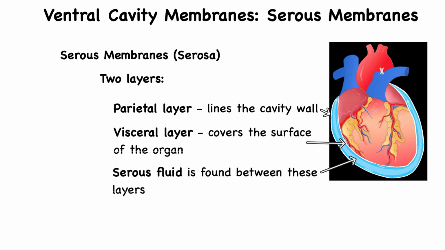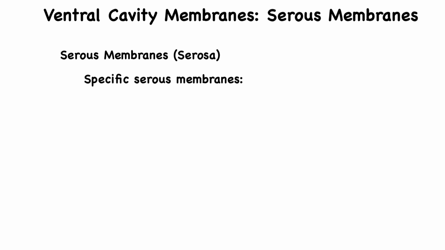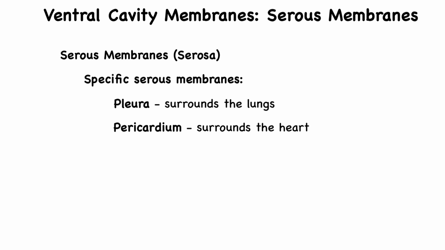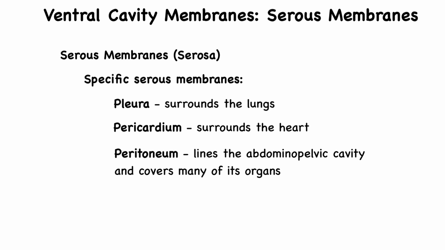You'll encounter specific serous membranes in different regions, each with a special name. Pleura surrounds the lungs, pericardium surrounds the heart, and the peritoneum lines the abdominopelvic cavity and covers many of its organs. In contrast, the dorsal cavity that houses the brain and spinal cord is protected by meninges, which are three connective tissue layers.